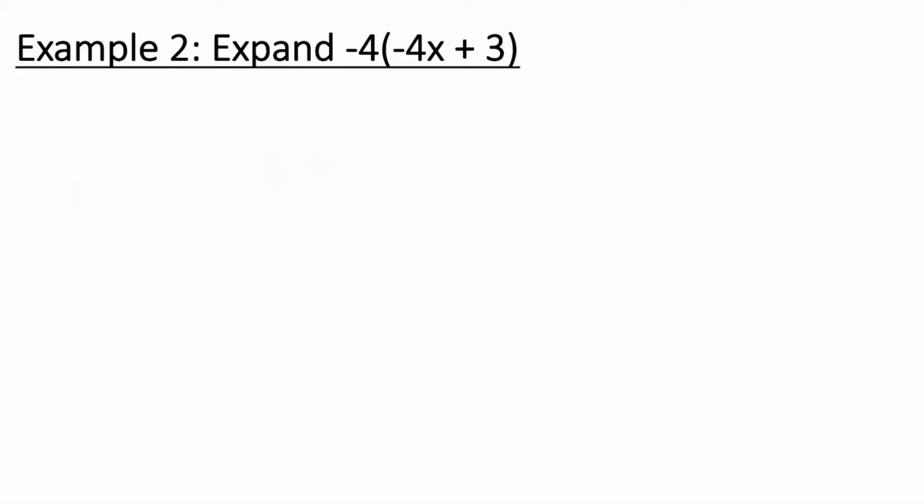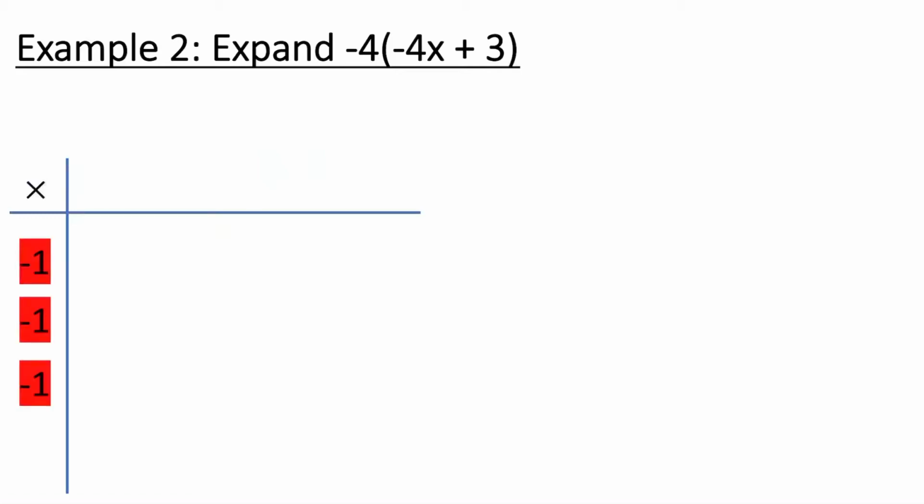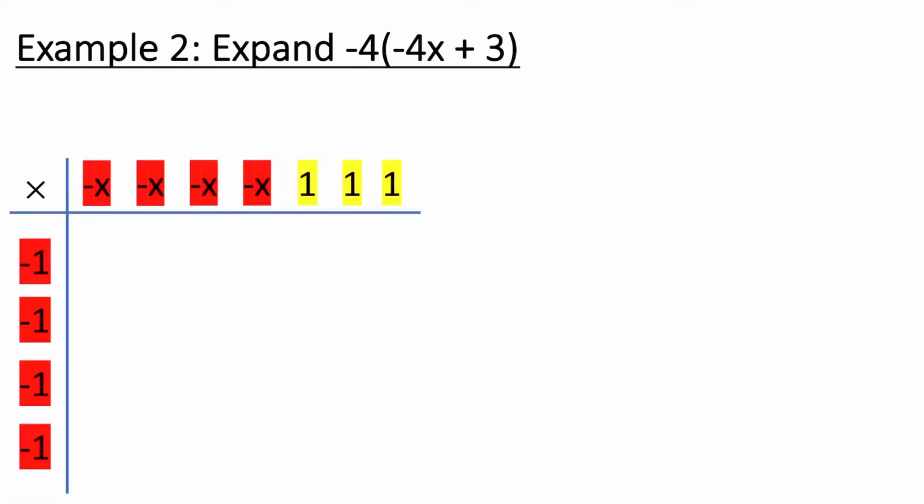Moving on now, this is slightly different because we have negative numbers, but we are still going to follow the same process. So we set up our grid. Outside of the bracket we have -4, so we are going to have 4 tiles of -1s. Inside of the bracket you have -4x plus 3, so we will have 4 tiles of -x's and 3 tiles of 1s. Now what we are going to do is multiply out what we have set up.